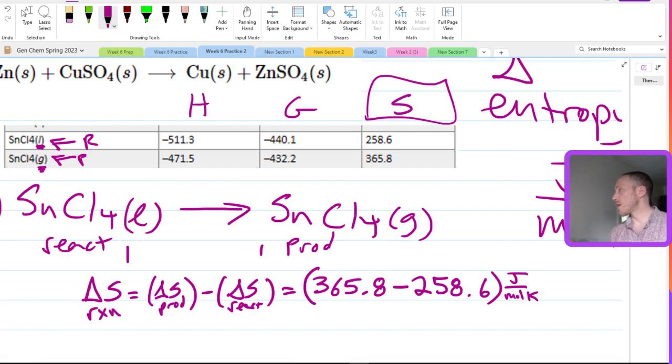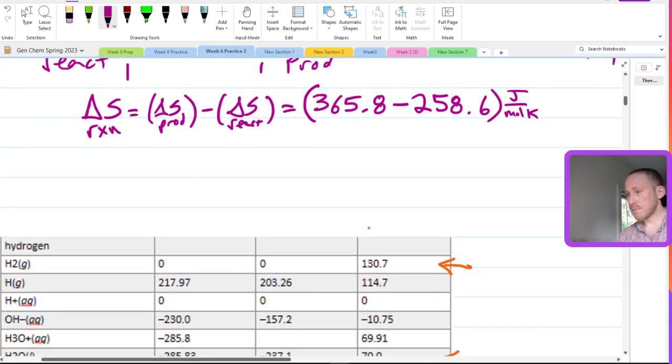And if you do that very simple subtraction, which I already did, so that hopefully we can get through this whole worksheet on time today, you will find the product, right, is the gas. The reactant is the liquid here.